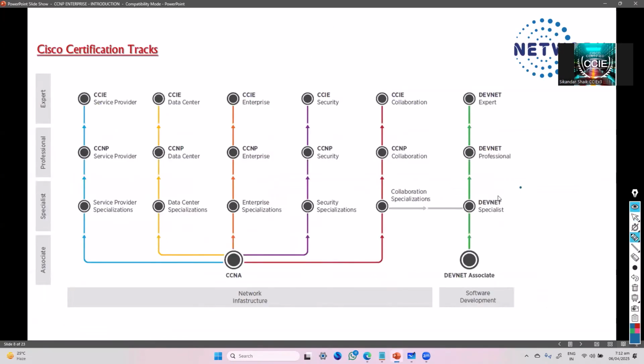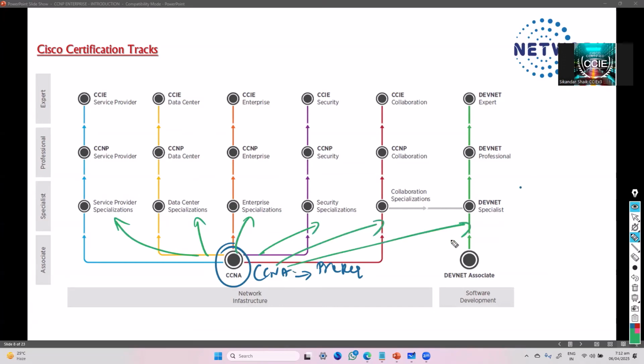So CCNA is going to be the first course, and if you are doing CCNP or any other courses, the prerequisite is you need to have foundational knowledge of the CCNA concepts. That's the first thing, and from here you can advance yourself to any of the specializations.